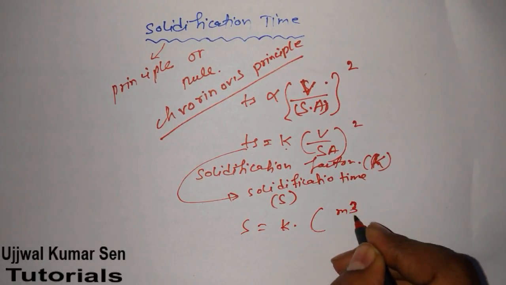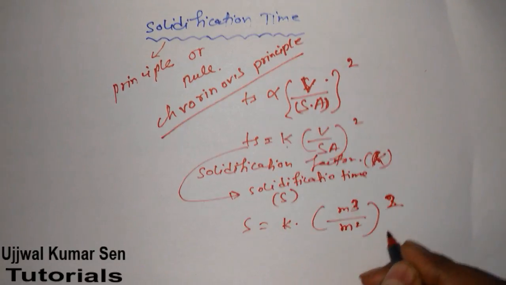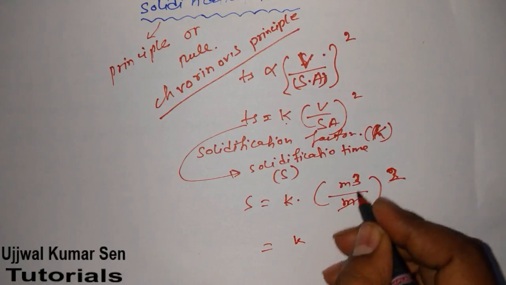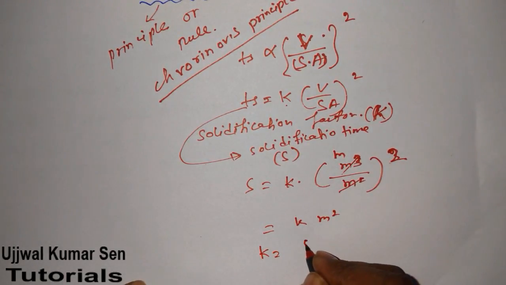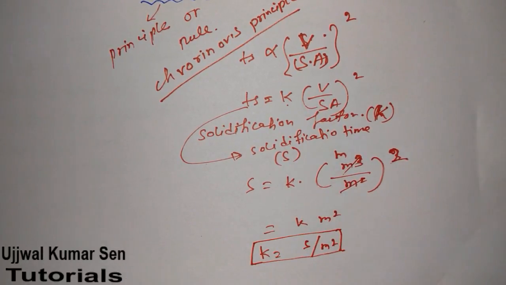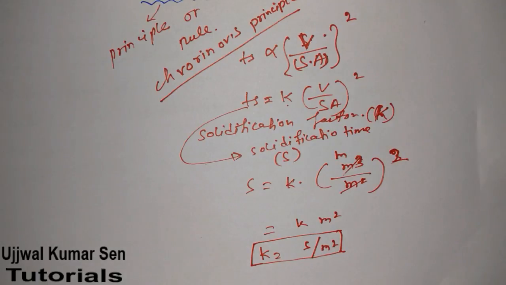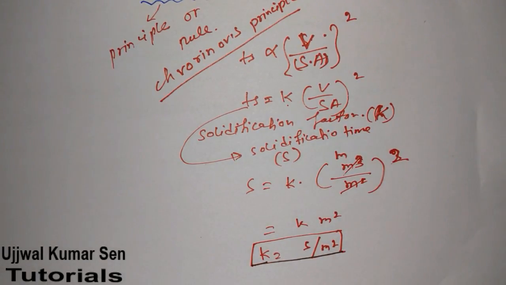Volume, meter cube. Surface area, meter square. So this one cancels, m would be remaining, so m square. Then K is equal to second per meter square. So what is the unit of K? Second per meter square. Remember this. Unit of K is second per meter square. I hope you got its unit, right?